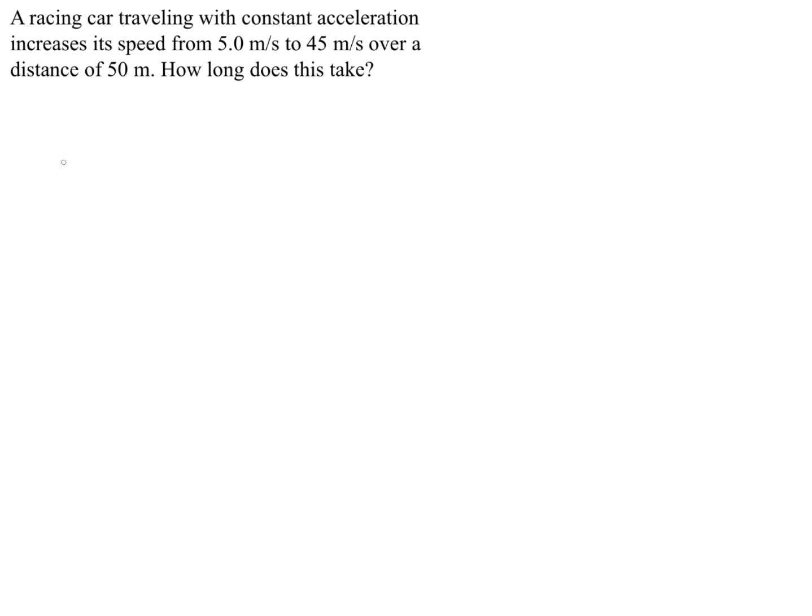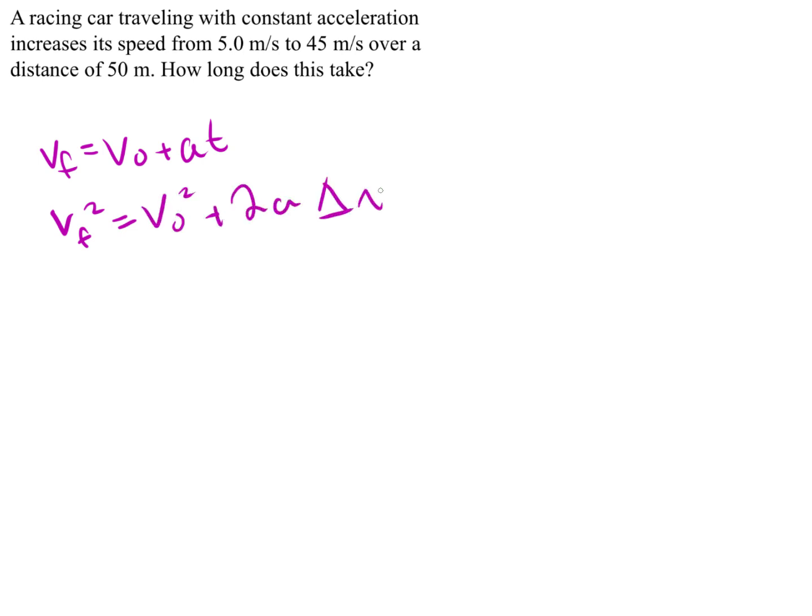So if you recall, we had four main kinematic equations. Those were the final velocity is equal to the initial velocity plus the acceleration times a time interval. You have that the final velocity squared is equal to the initial velocity squared plus 2 times the acceleration times the displacement.